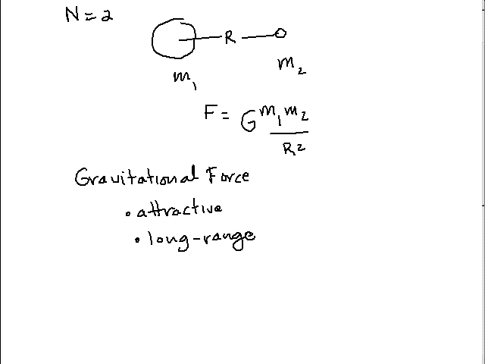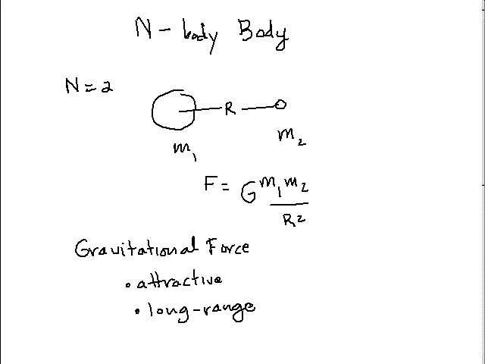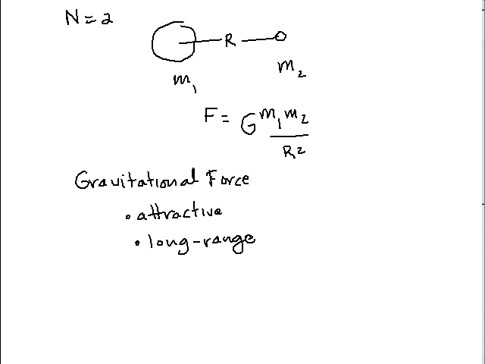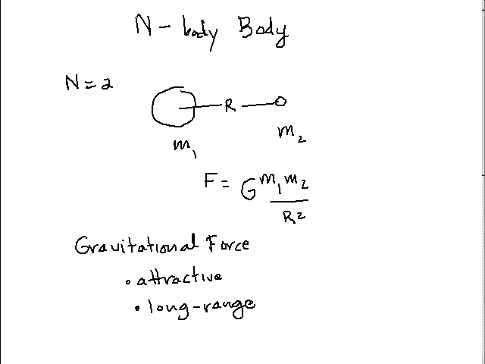There are some cases in which there should theoretically be repulsive forces due to gravity, but that is pretty exotic stuff in modern physics. Okay, so early on, people could actually solve the differential equations for n equals 2, so they said, well, let's just go ahead and put the sun and the moon and the earth and Mars and all these things in and see what happens when we solve the equation.